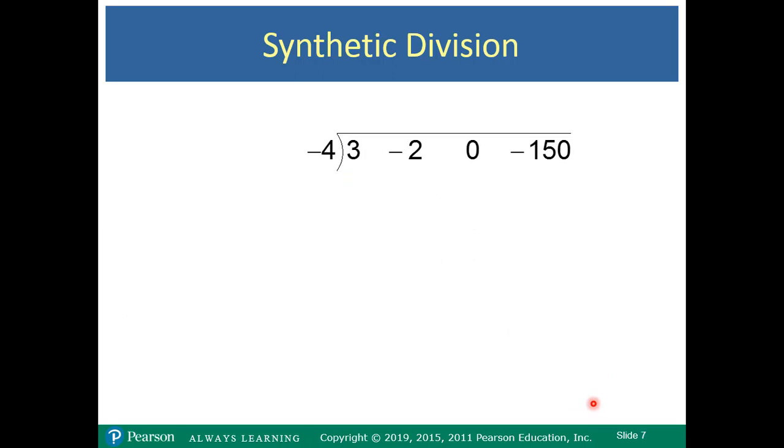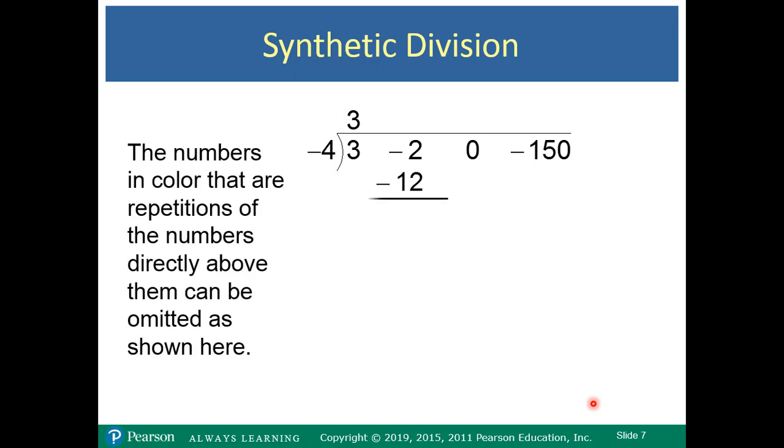Now, let's get rid of the ones that we're writing down below, and let's just bring it up. So now this time all we're doing is bringing the 3 up and then multiplying by negative 4, and that gives us a negative 12. Subtract, bring it up, negative 4 times 10 is negative 40.